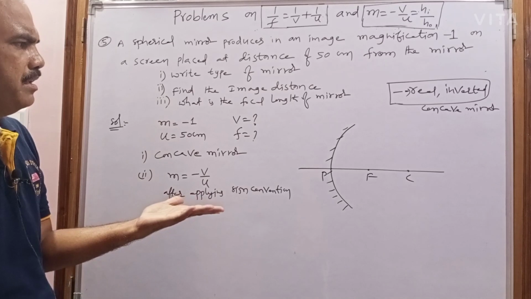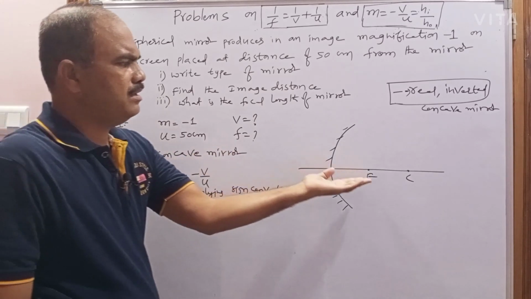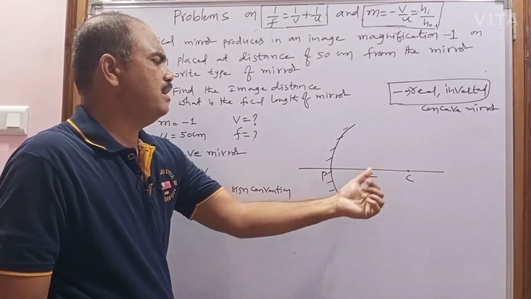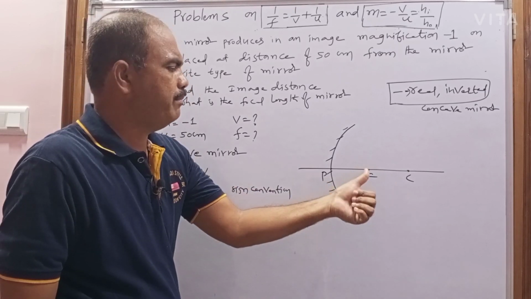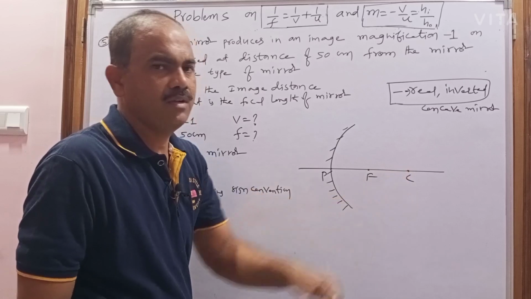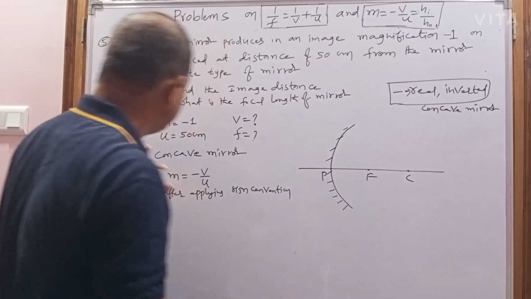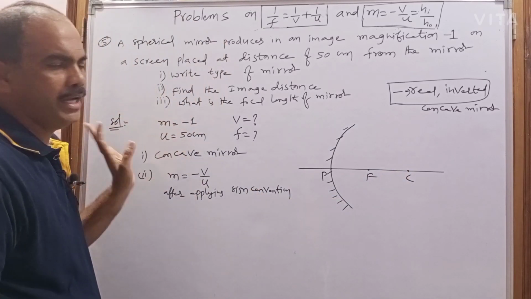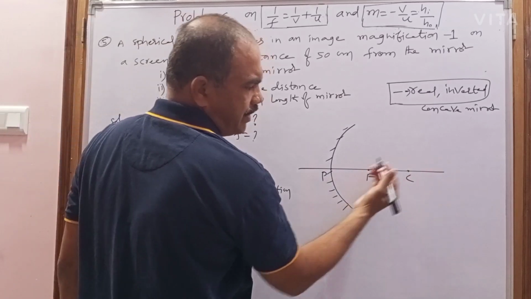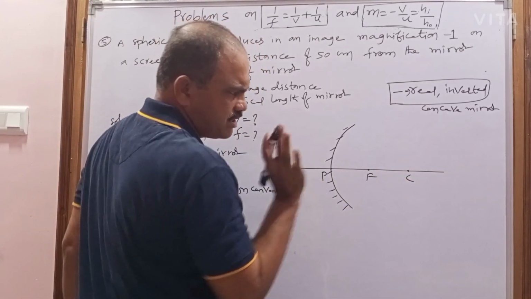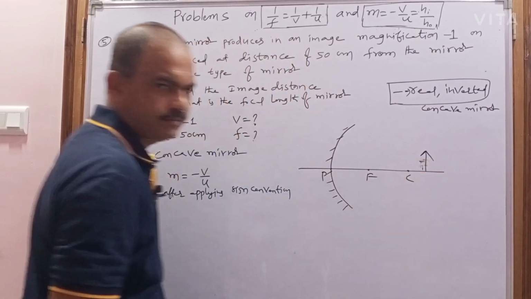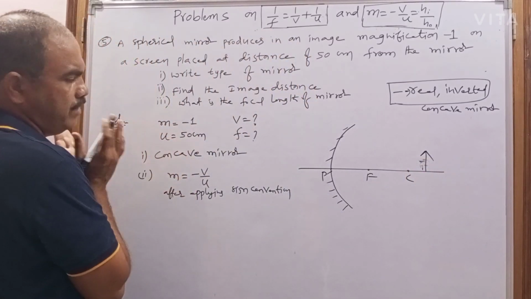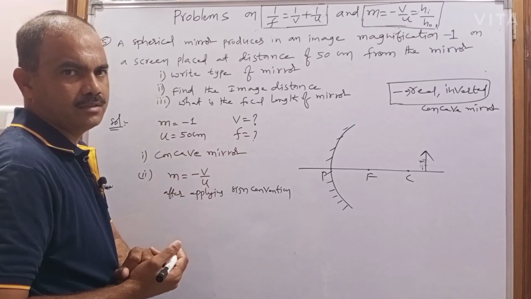You don't know whether it is beyond C, between F and C, between P and F, at F, or at C. But you can guess, U is nothing but minus. The object can be anywhere, but you don't know. First of all, I am imagining this is the object, and here the object is there. You don't know where, because you don't know the focal length.